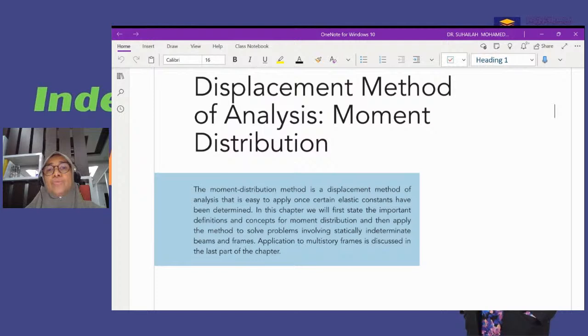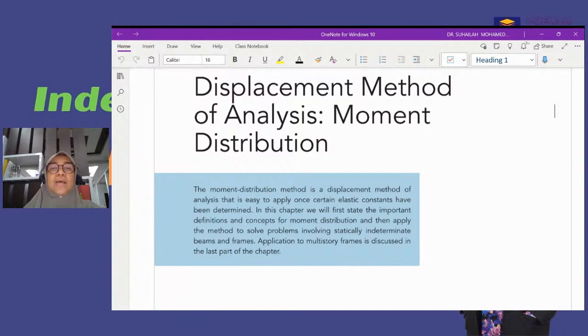So we are going to use this moment distribution method in order to analyze member end moment in the structure.